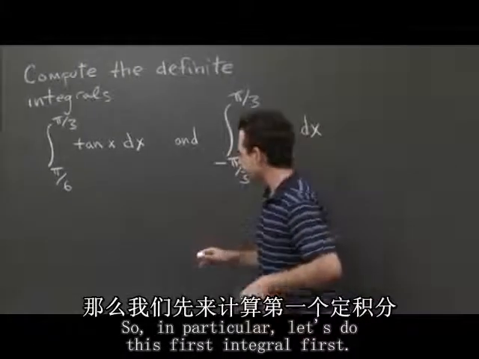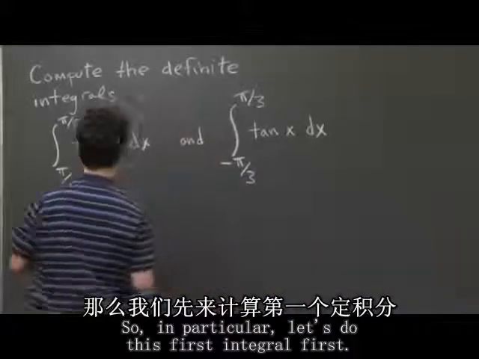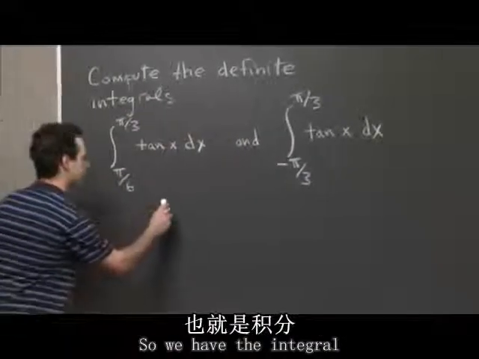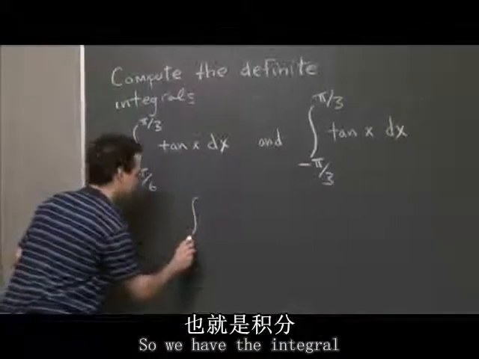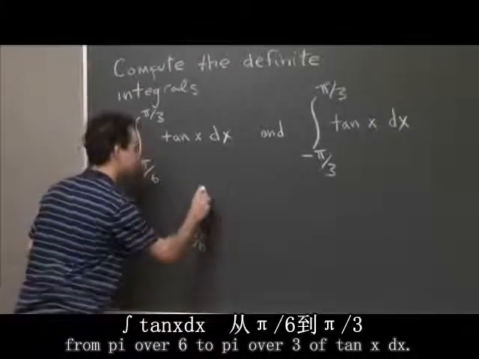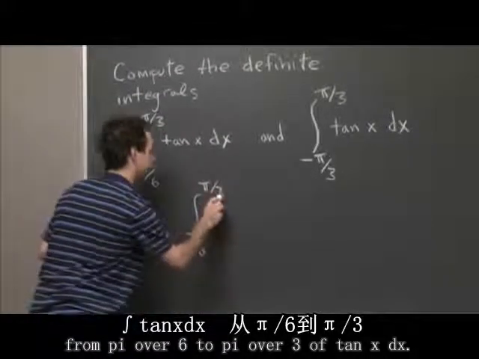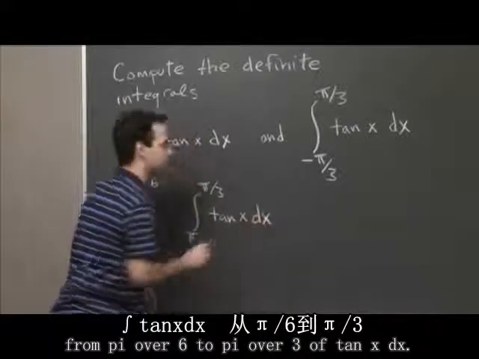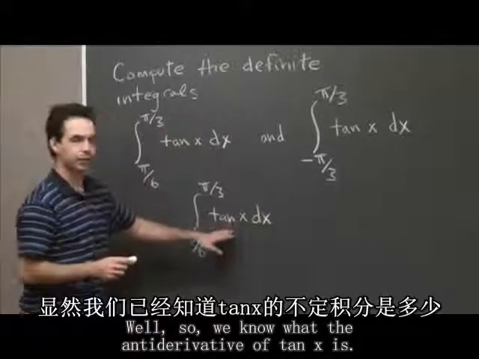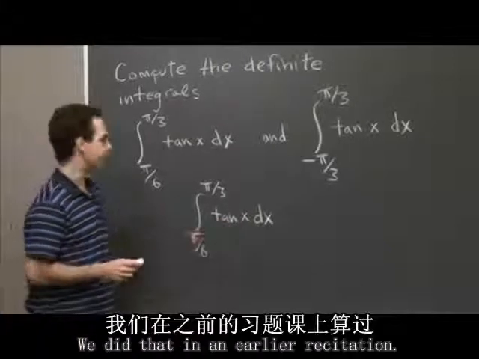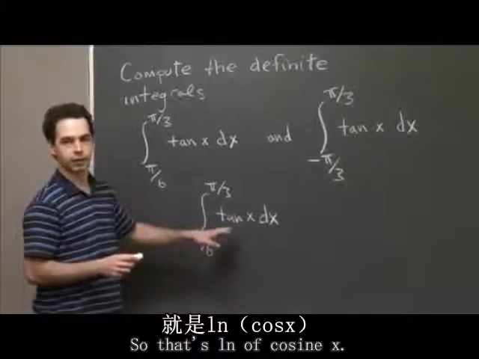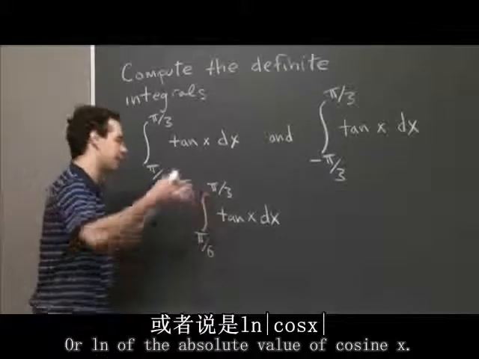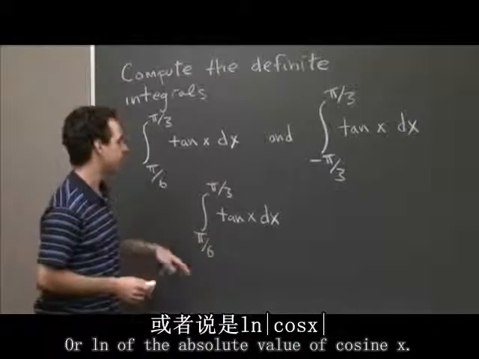So in particular, let's do this first integral first. We have the integral from pi over 6 to pi over 3 of tan x dx. Well, we know what the antiderivative of tan x is. We did that in an earlier recitation. So that's ln of cosine x, or ln of the absolute value of cosine x.